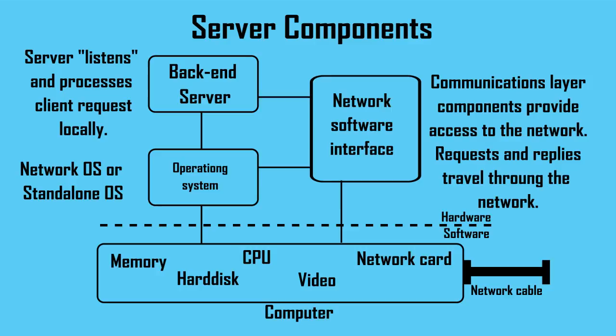You have a computer, and then you have a backend server, you have an operating system, and then you have a network software interface. As you should know by now, a client is a computer as well, and a server is a computer. And it doesn't mean it has to be a big computer physically. No, it can be a normal computer, but with the capability of providing services to its clients.